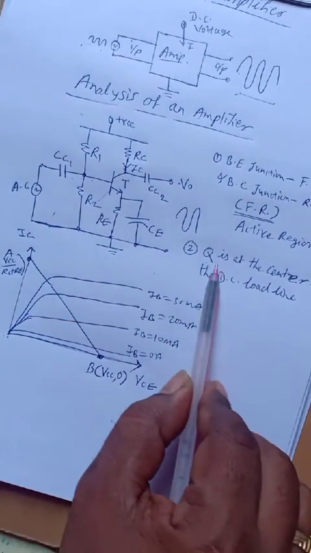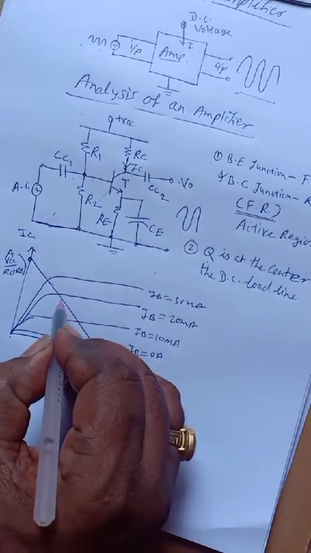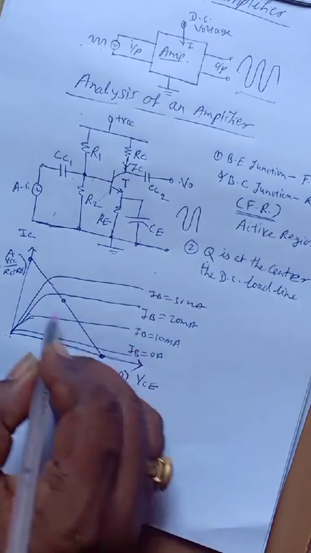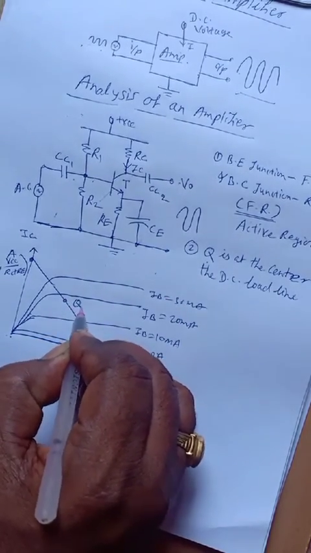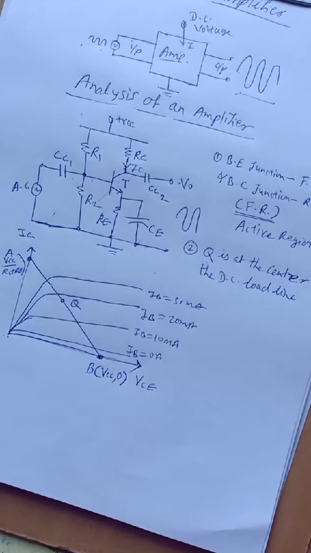So this is the second requirement. The Q point should be at the center of the DC load line. Okay, so this is the most important requirement.